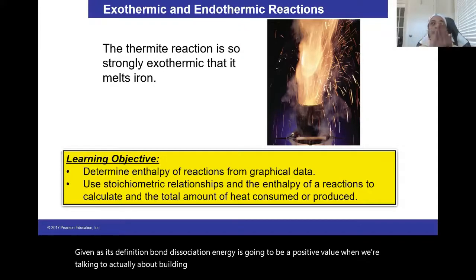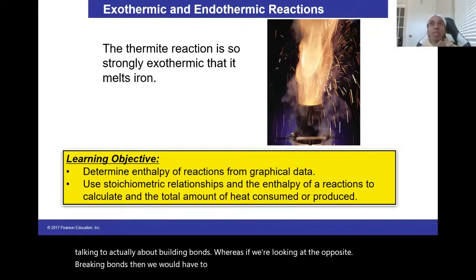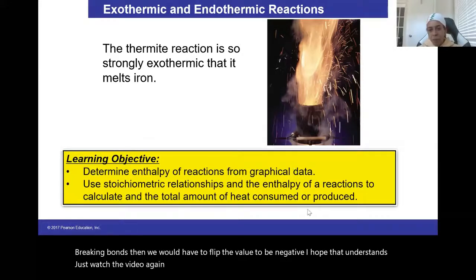Whereas if we're looking at the opposite, breaking bonds, then we would have to flip the value to be negative. I hope that makes sense. Just watch the video again later for it to make more sense.